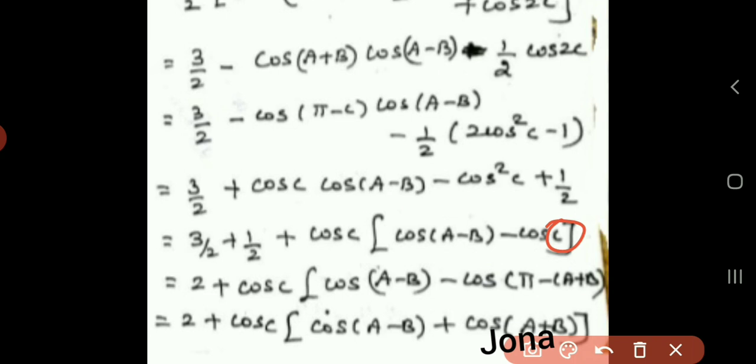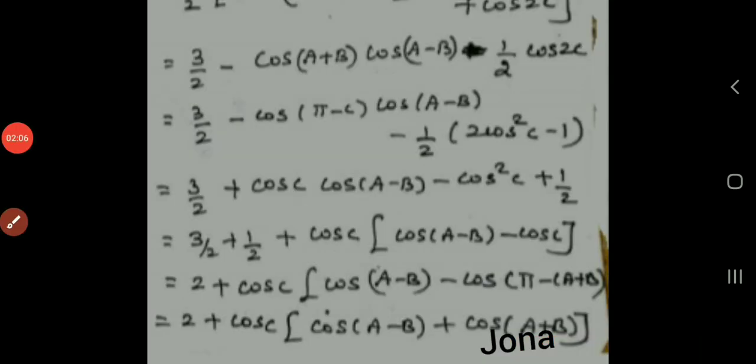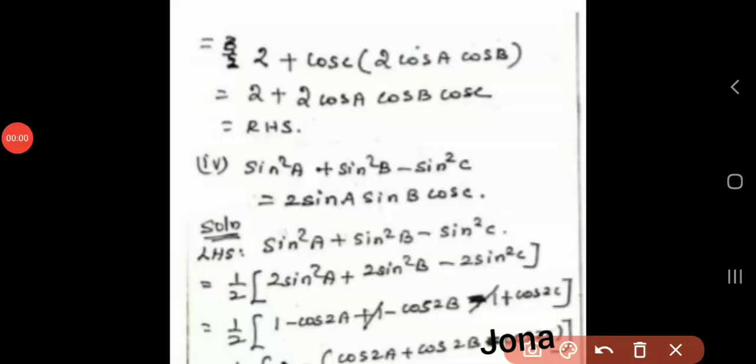Now inside the bracket we have cos of a minus b plus cos of a plus b. So the bracket will become as 2 cos a cos b. So if you multiply with this, the answer will be 2 plus 2 cos a cos b into cos c.